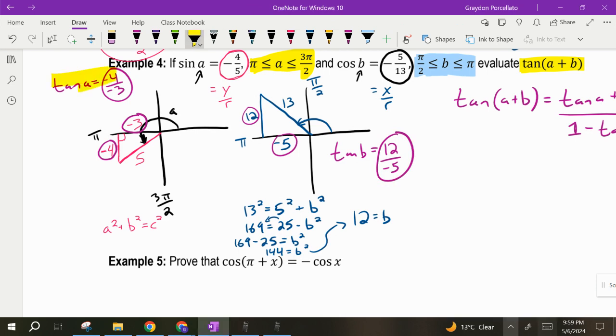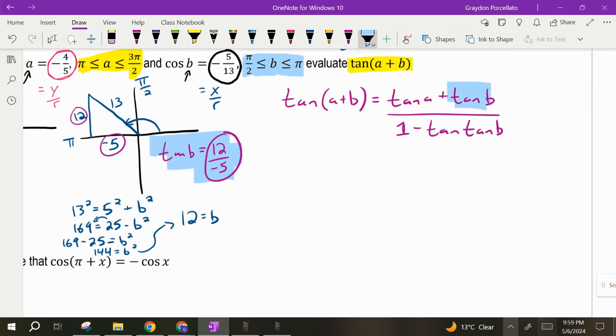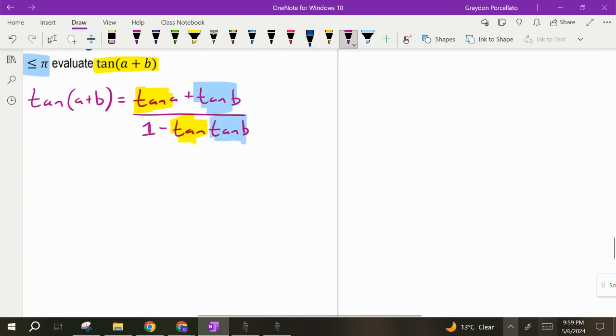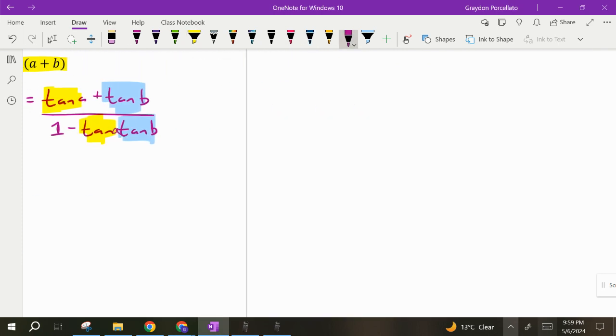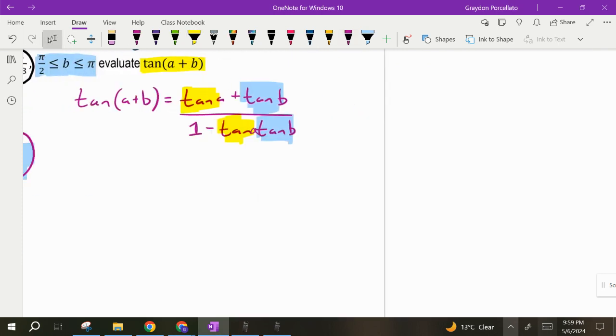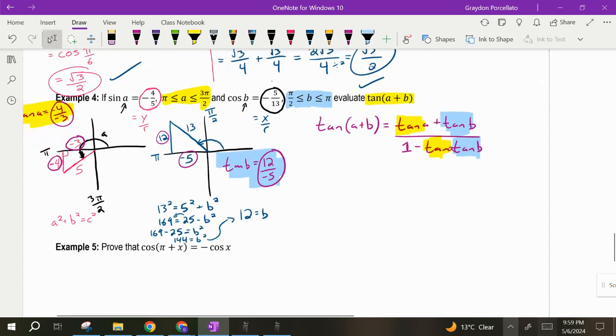I'm just going to highlight that. Tan A, tan B. So there's tan B, tan B, tan A, tan A. And I should have a little A in there. All right, here we go. Let's sub them in. Let me just zoom out a little bit here.